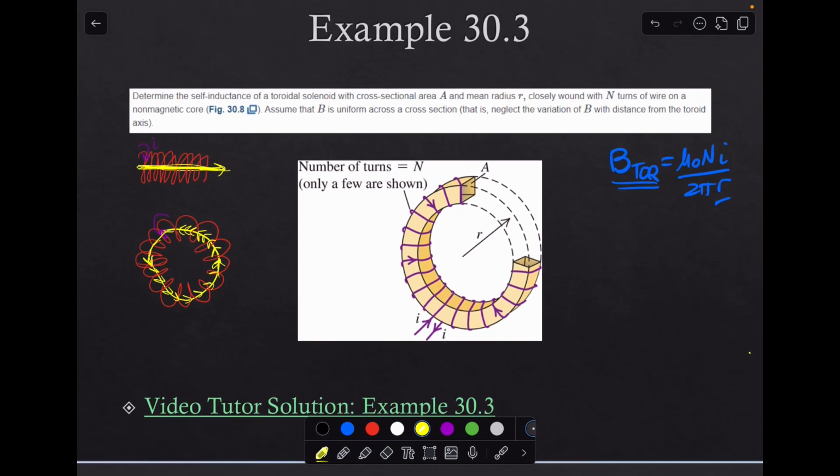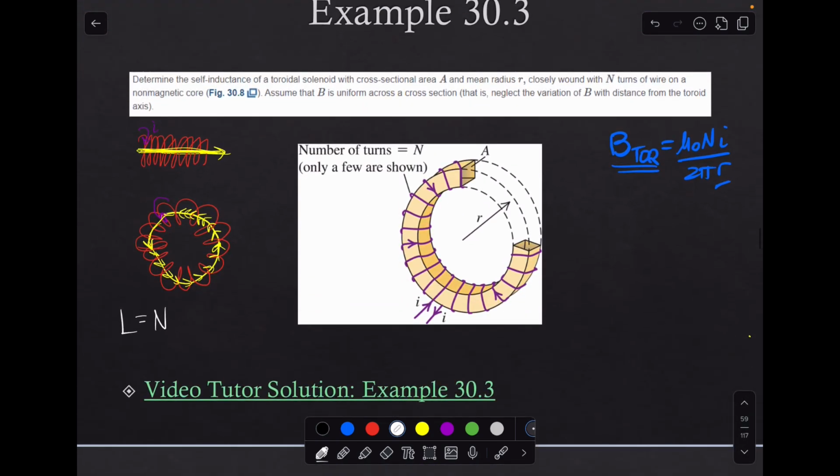So let's figure out what the self-inductance is. The self-inductance is N phi B over the current flowing through that wire. For us to figure out what the self-inductance is in this particular arrangement, the arrangement of a toroidal solenoid, we need to plug in certain values for B and A that make up the flux.